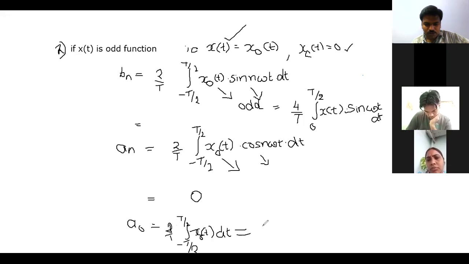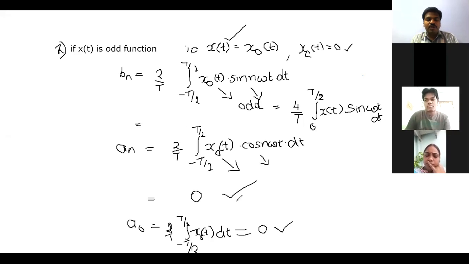If you find the integral of an odd function, you will get 0. That means two Fourier coefficients are absent if you consider x of t to be an odd function. So finally we have proved that the Fourier series contains only cosine terms if x of t is an even function, and the Fourier series contains only sine terms if x of t is an odd function.